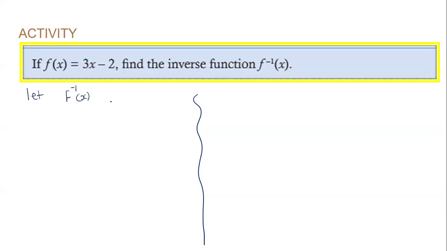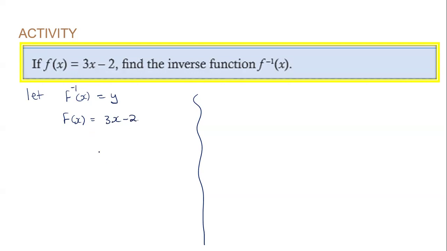Members, let me hope we are together. I can say that let our f inverse of x equal y. What does it mean, members? If I let my f inverse of x is equal to y, our function f of x is equal to 3x minus 2.